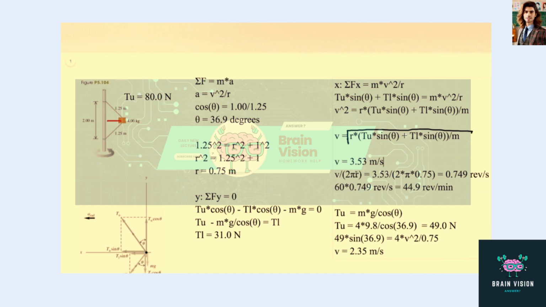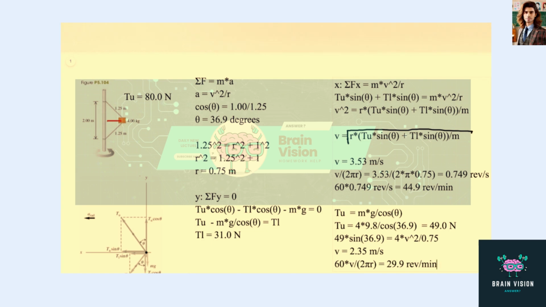So v over 2 pi r. And then we want to multiply that all by 60. I won't show this calculation explicitly, but we just plug this in and we should get 29.9 revolutions per minute.